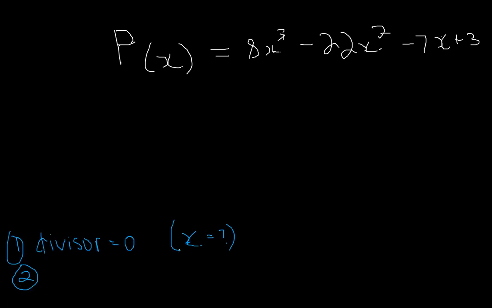And then the second step is to use this value of x that you got and substitute it into your function. So just put sub. Okay, let's do that now.